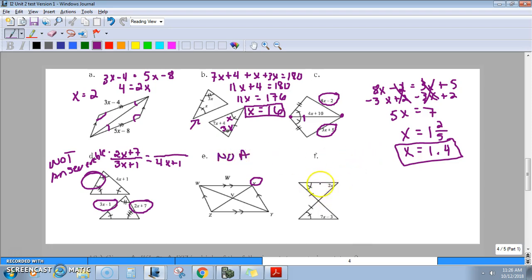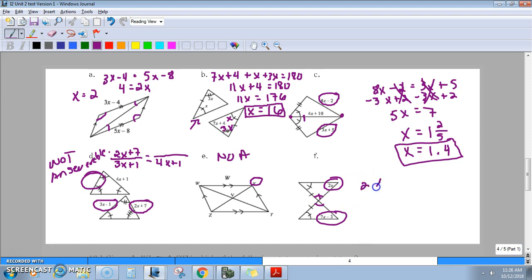And over here to solve for x, it doesn't say any lines are parallel, so we've got to be careful here. But what we do know is that these angles are the same, and then we have angle, side, angle, and angle, side, angle, which means that these are congruent, which means that corresponding angles are going to be equal to each other. So here we have, are those corresponding angles?